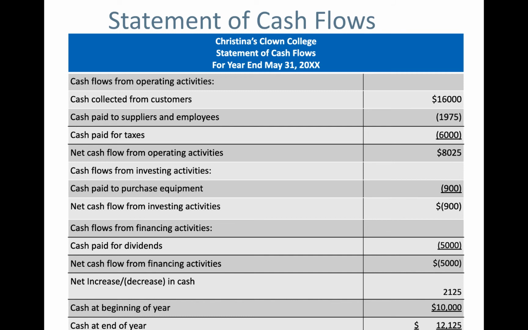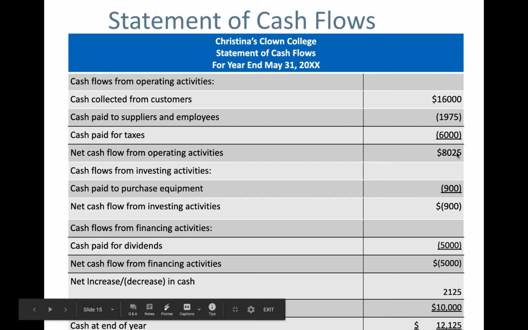We may have cash that we collect from customers in terms of sales. And then we have cash that might get paid out to our suppliers and employees for expenses. And then we also calculate our cash that we're paying out for taxes. That gives us our net cash flow from operating activities right here.